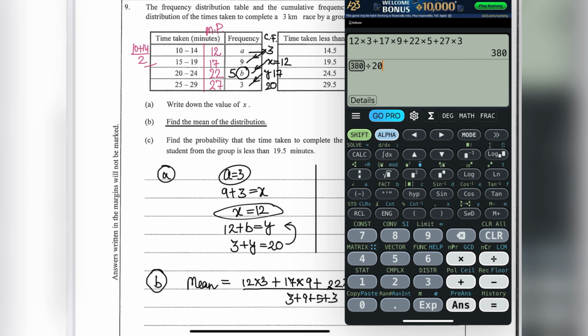So we make it 12 times 3 plus 17 times 9, 22 times 5 plus 27 times 3.